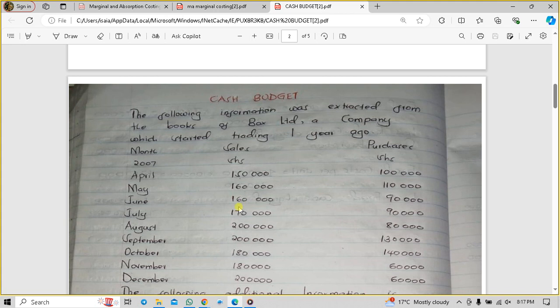Then in July, 60% of July sales will be received in July. Then 30% of June sales will be received in July. Then 10% of May sales will be received in July.